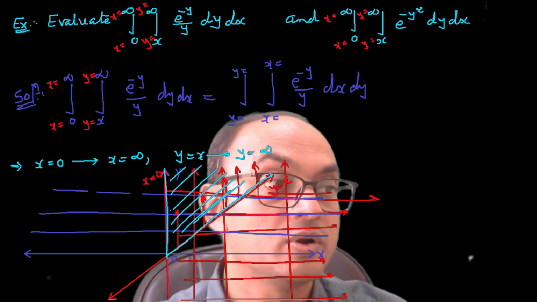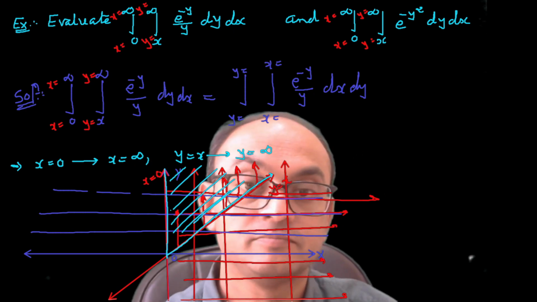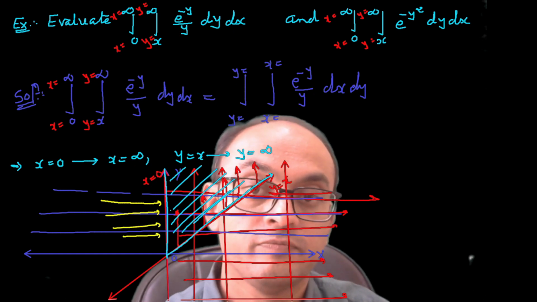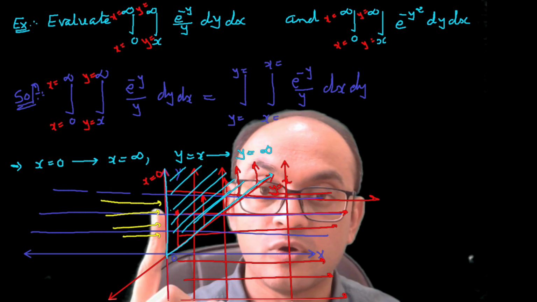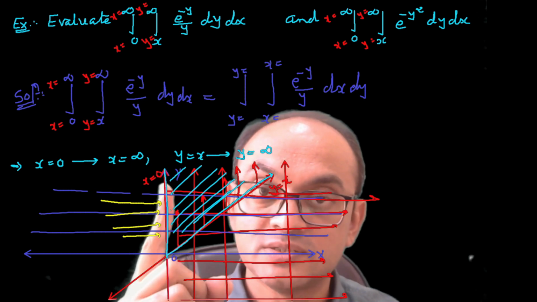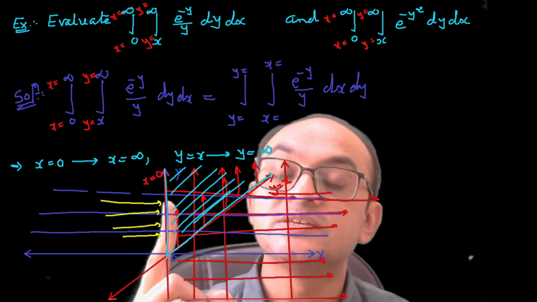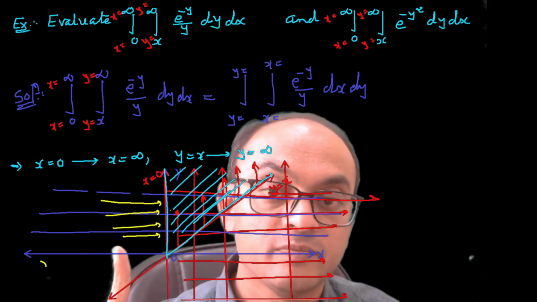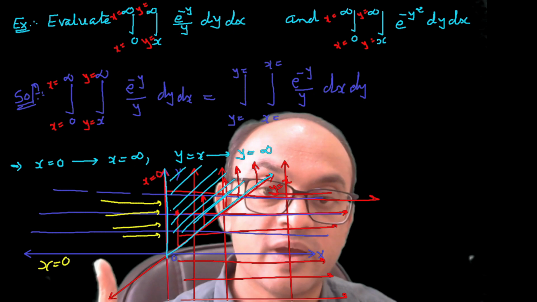So let us draw the horizontal lines. We are entering the region from this. Which curve is this? This curve is x is equal to 0. So my entry is from x equal to 0.